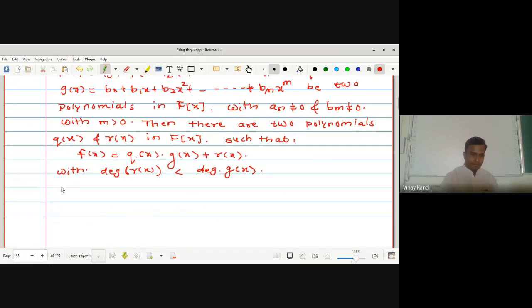And these polynomials q of x and r of x are unique. So this is the division algorithm in f of x.